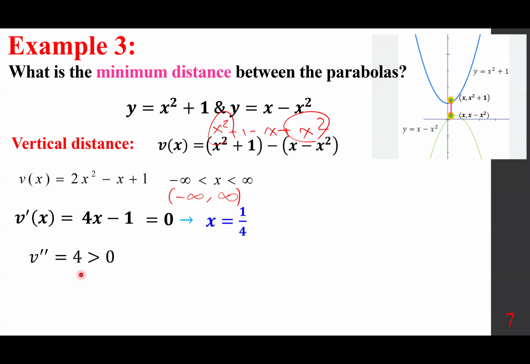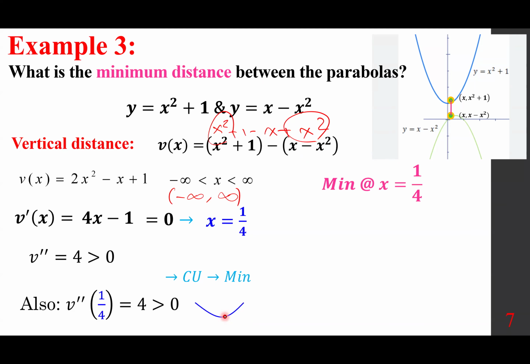Remember, you have to plug in, but it's independent of x. Positive means concave up and therefore minimum. There's not much to it because it doesn't involve x. Concave up means minimum because concave up looks like this. So that's where the minimum appears: minimum at x equals 1/4.